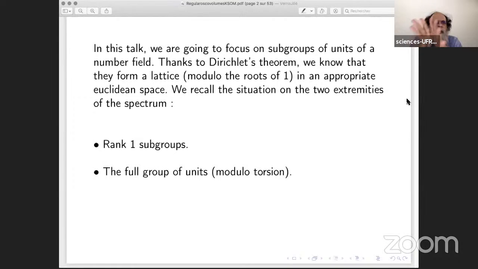So they form a lattice, provided that you kill the roots of unity, and this is done classically. It's an undergraduate class in number theory, via the logarithmic embedding. And recall that, we'll first concentrate on rank one subgroups. You just take one unit.